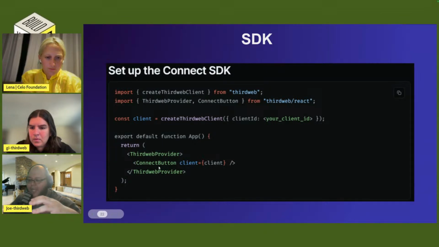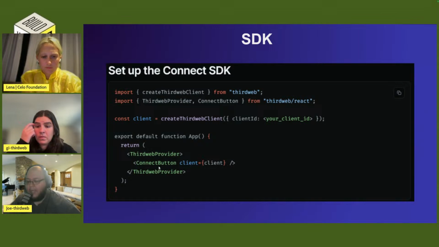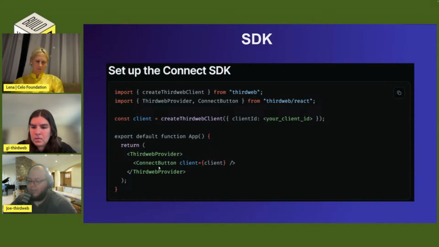This is so that we can have all of our thirdweb data traveling through our entire app. And then, for example, the connect button will be able to have our client passed in. If you do this kind of setup, you've set up everything you need for connect, anything you need for a user to log into your app.